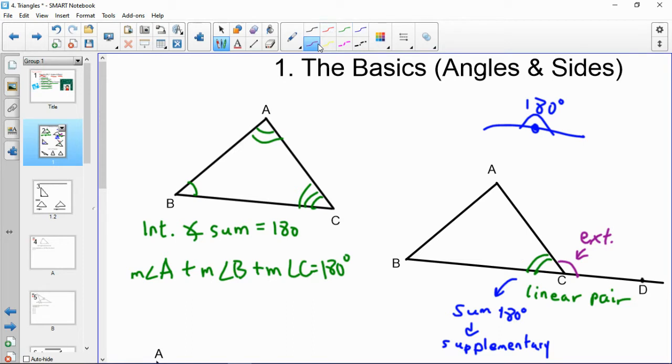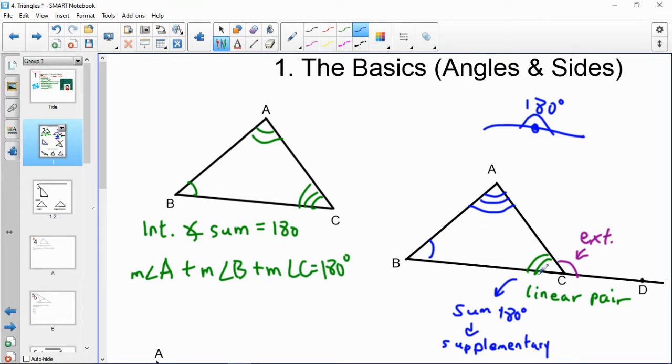Another rule that you're not going to see nearly as much, but it's good to have in the back pocket, is that whenever you take 2 remote interior angles, which are 2 angles inside the triangle that are not adjacent to the exterior angle, the 2 remote interior angles always add up to the exterior angle.